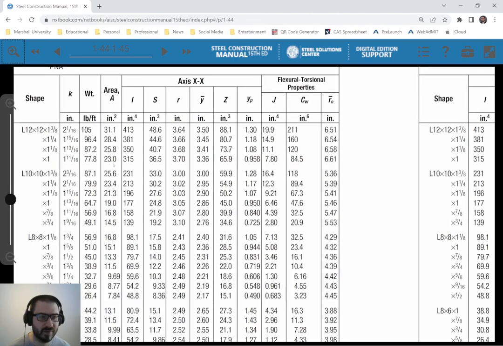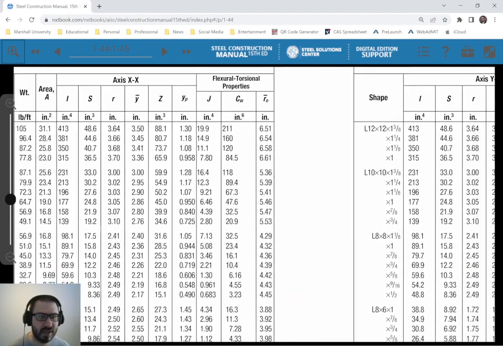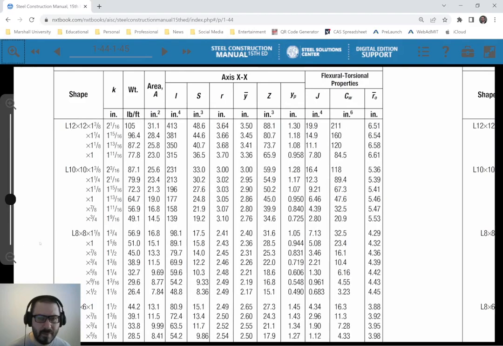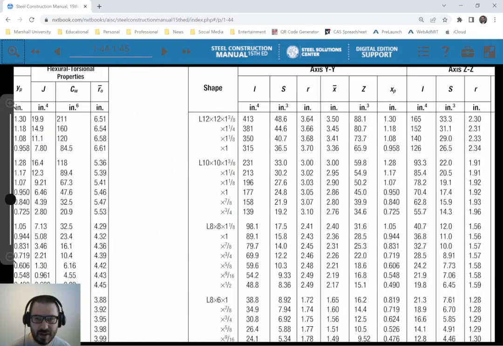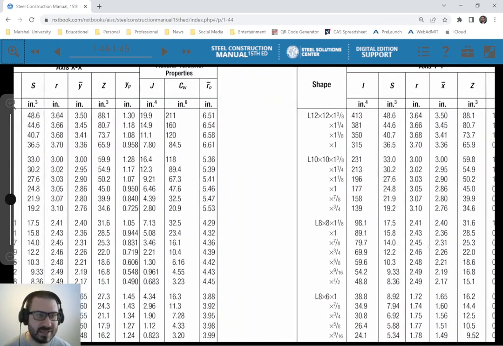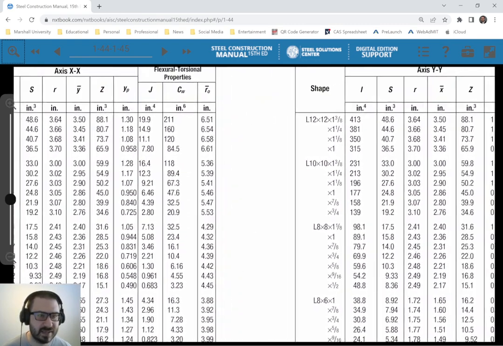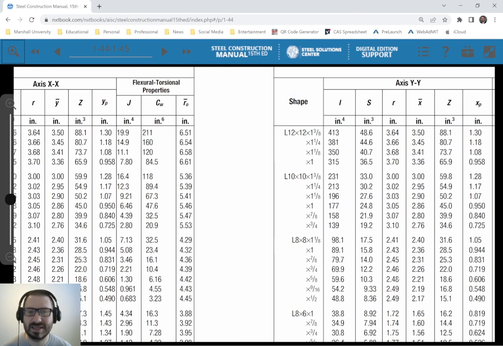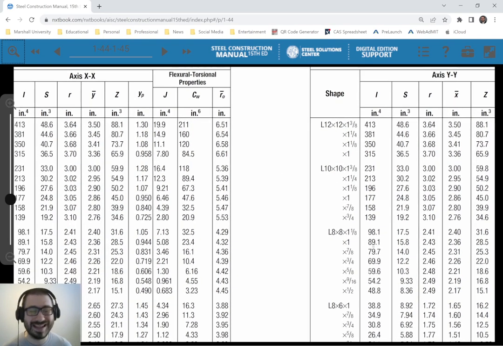For example, if you look at the L8 by 8 by 5/8, the Y bar is 2.48 inches, but the X bar is also, or sorry, no, 2.21 inches. I was looking at the R column. See, you got to be diligent there. So the X bar in this case is 2.21 inches. The Y bar is 2.21 inches as well, because it's symmetric. If it wasn't symmetric, that wouldn't be the case.